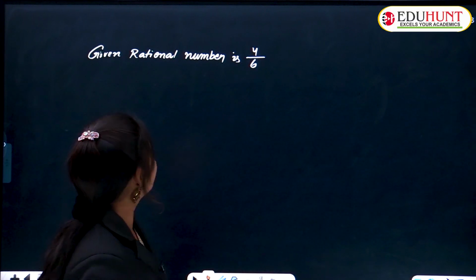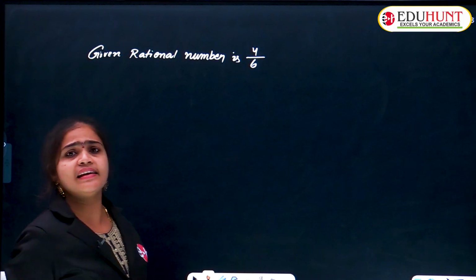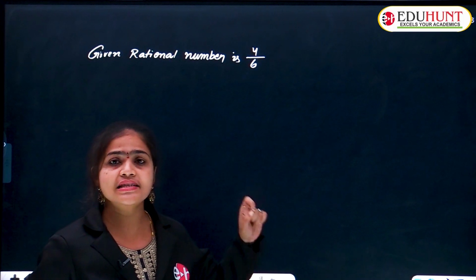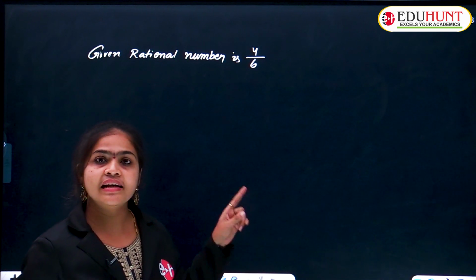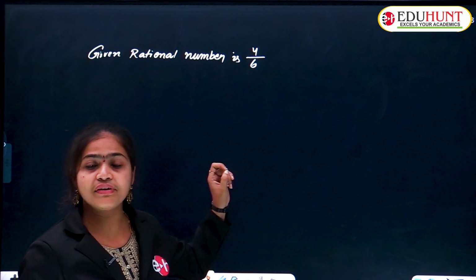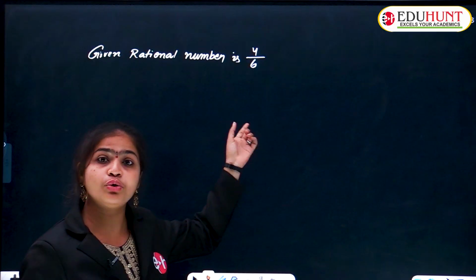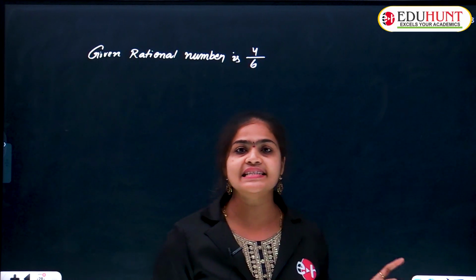Am I clear? Now do 4 and 6 have any other common factors? Of course, 4 and 6 have 2 as a common factor. But as per our definition, simplest form means both numerator and denominator have only one as the common factor. But here these two have 2 also as a common factor. That's why 4 by 6 is not in its simplest form.